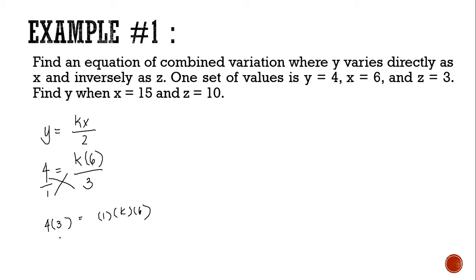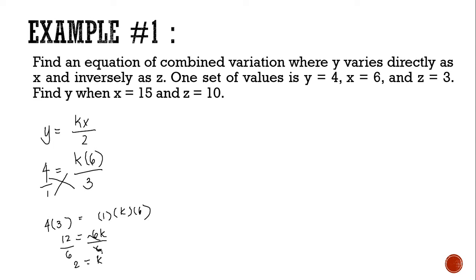When we simplify this, we'll have 12 is equal to 1 times k times 6, that would be 6k. Then we have to divide both sides by 6 to obtain the value of k. Therefore, we'll have 2 is equal to k because this will be cancelled out already.